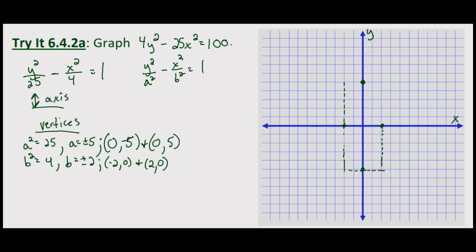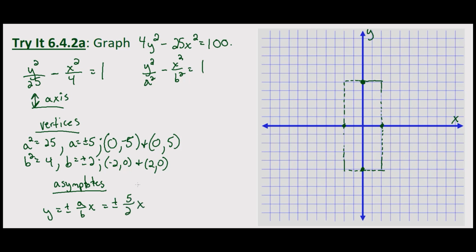Remember, our asymptotes should go through the corners of the box. So our asymptotes are y equals plus or minus a over b x, which, with a being 5 and b being 2, equals plus or minus 5 over 2 x.